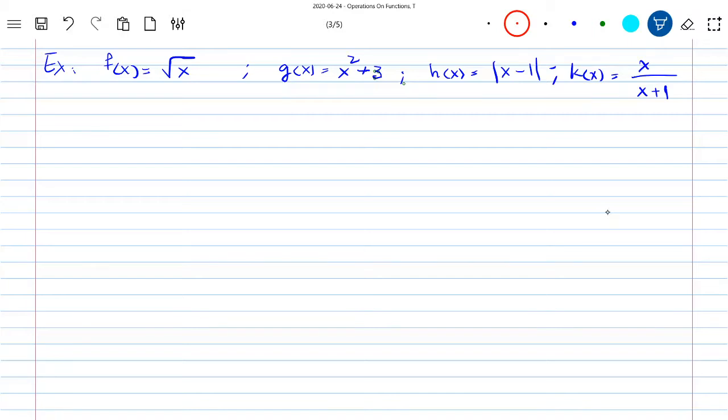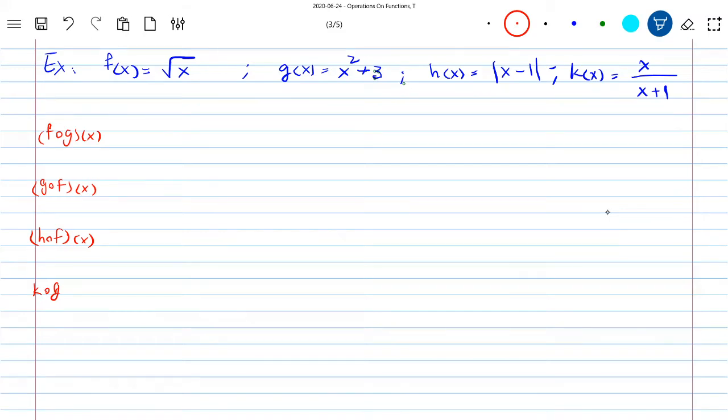Here, let's try to figure out maybe f of g of x, g of f of x, h of f of x, I think maybe k of g of x.